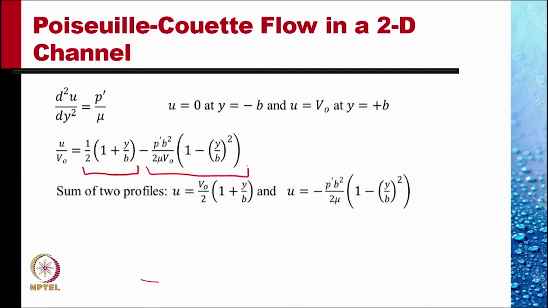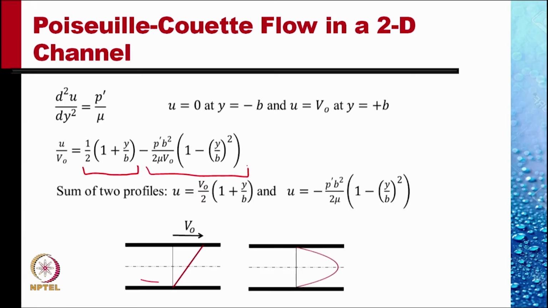The first part is a linear velocity profile because of the motion of the upper plate that we have discussed earlier. The velocity varies from 0 at the bottom plate linearly to the velocity v naught at the upper plate.